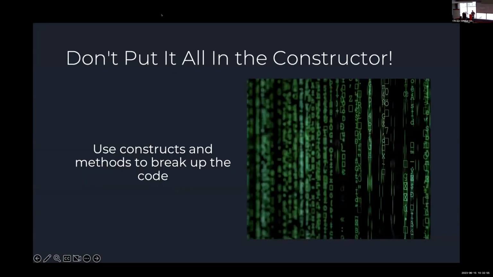First thing to do to go beyond the introduction is don't put everything in the constructor. The CDK is made up of different kinds of constructs, and you can use those to break down your application, your framework, into a collection of resources. I have seen 2,000 line long constructors.